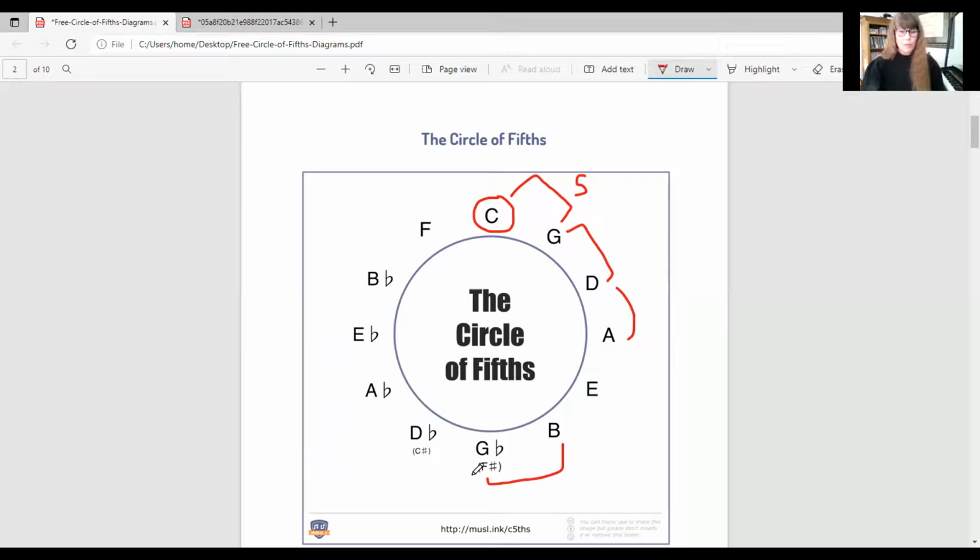From this point, from the F sharp to the C sharp is a fifth, or G flat to D flat, and enharmonically naming that. And then from here on, we go back to the flats. D flat to A flat is a fifth, and it keeps going. B flat to F is a fifth, and then this brings us right back down to the C. So all the way around that entire chart, we've been moving in intervals of a fifth.